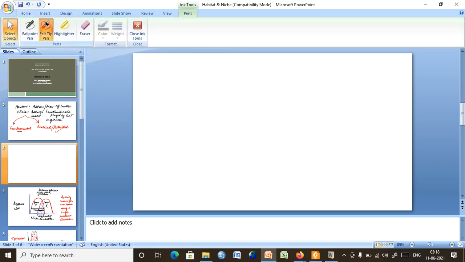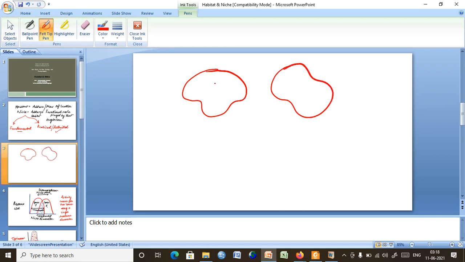This is the first condition where there is no interaction. They are completely separated. In the upper diagram, the two species occupy, just imagine this is species A, this is species B, non-overlapping areas.